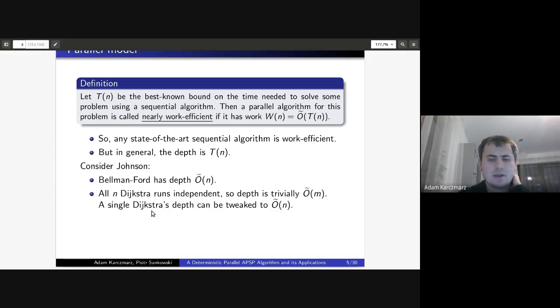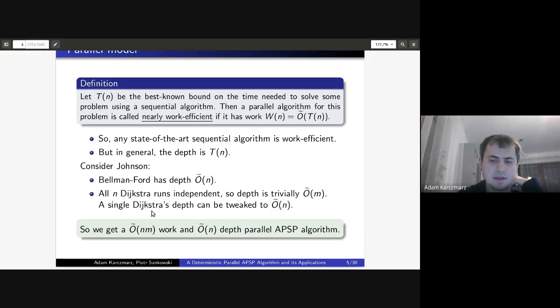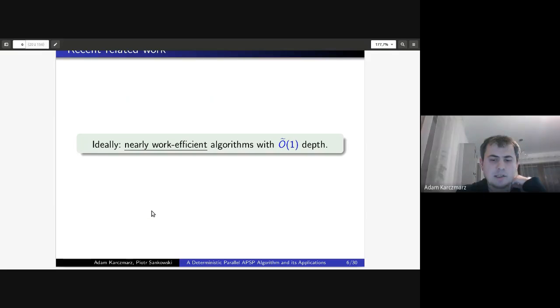Dijkstra's depth can be reduced even further to n with some tricks. So basically, the baseline nearly work-efficient parallel APSP algorithm has depth linear in n. Of course, ideally, we would like to have a nearly work-efficient algorithm with constant depth. However, this is not always an easy task to achieve, and many of the known constant depth algorithms are very far from being work-efficient.